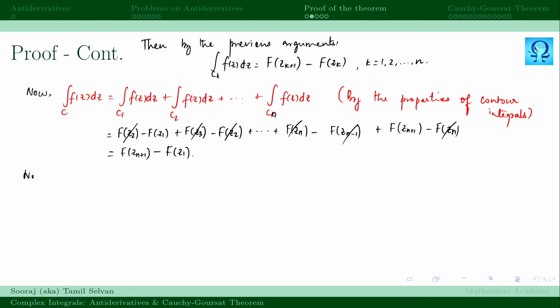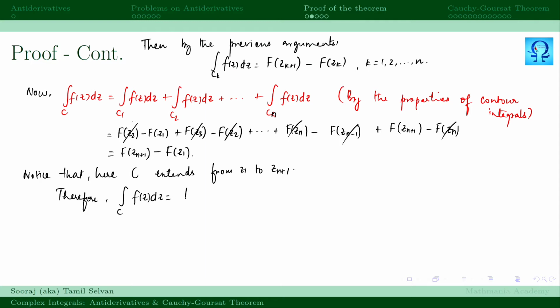Notice that here C extends from z_1 to z_(n+1). Therefore, the integral over C of f(z) dz is F of z_(n+1) minus F of z_1. Hence, instead of writing these integrals, I may write that equation 1 is true for all contours.